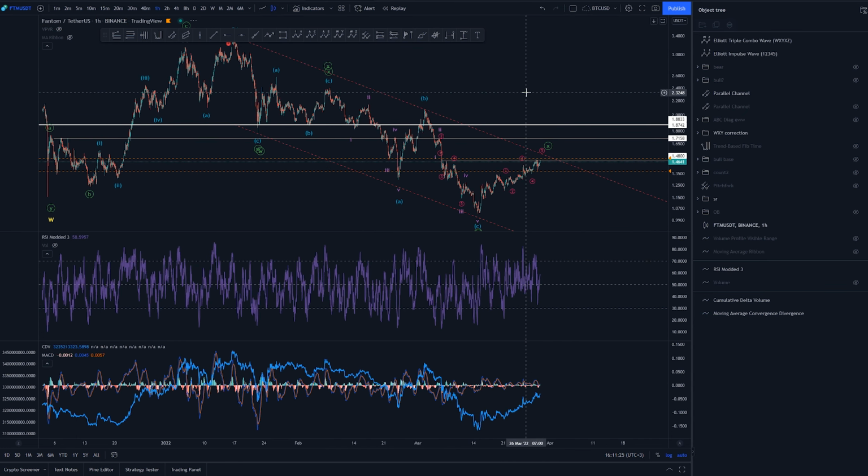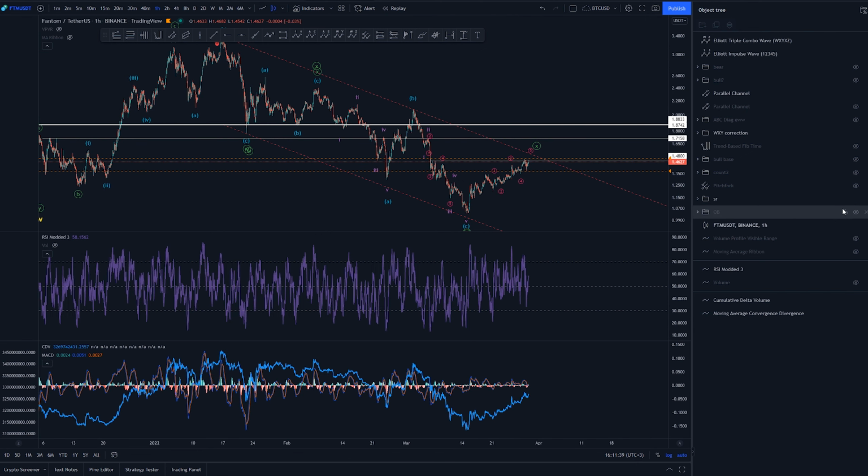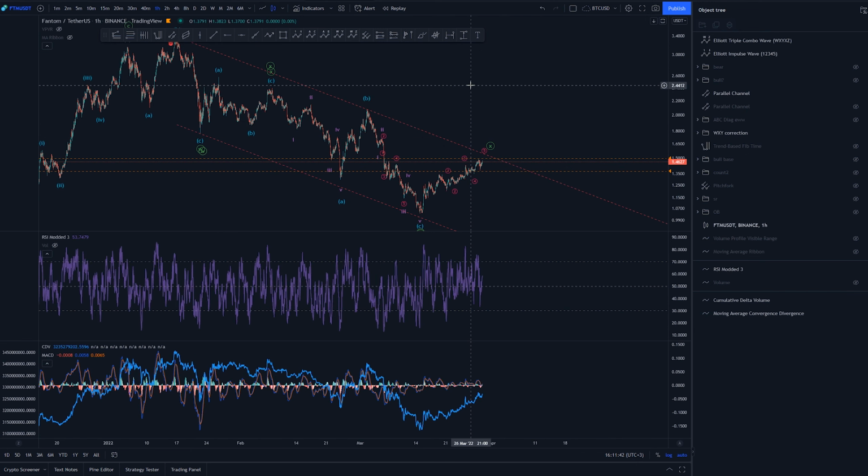Now there's more resistance up real soon on these lows, and also this order block here that has another support here, but we'll see what happens.